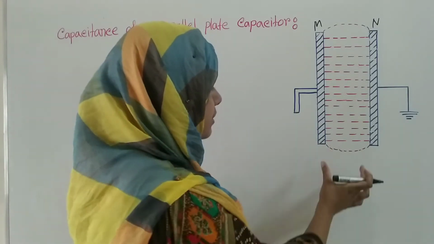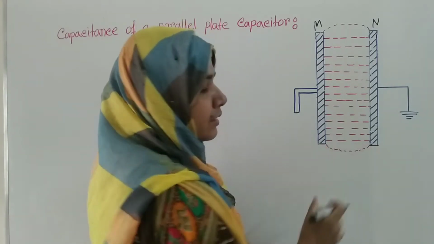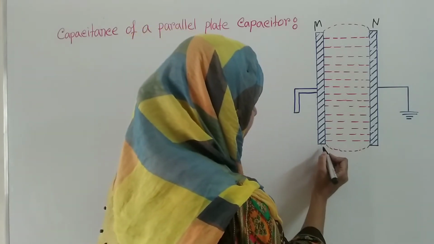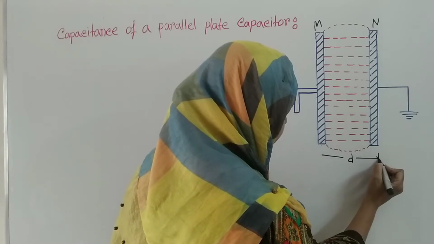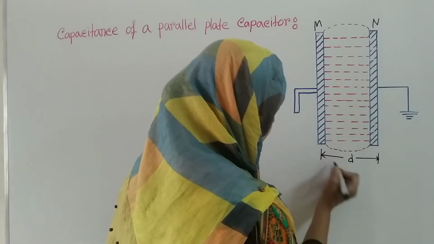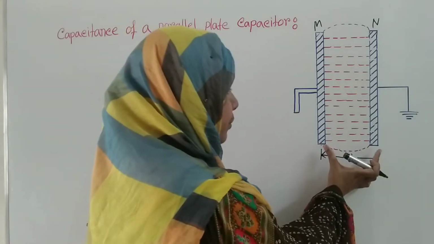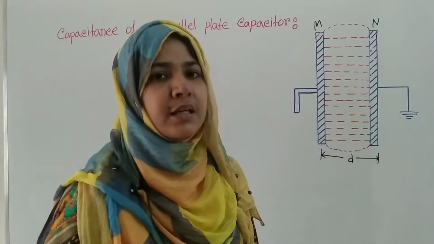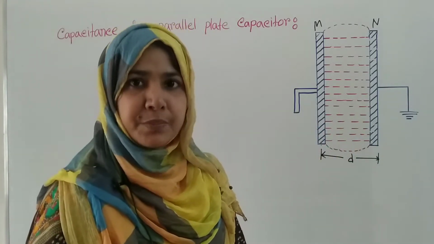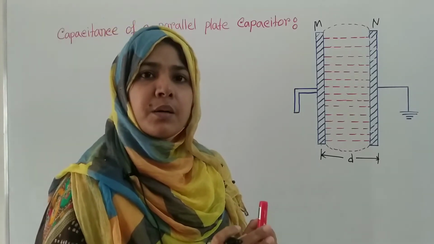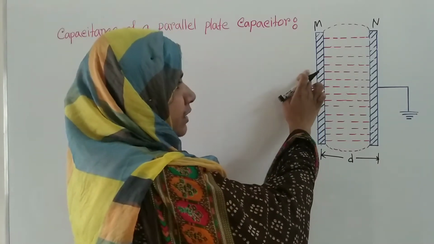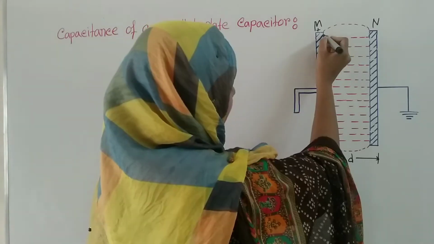Now suppose the distance between these two plates is D, and between these two plates there is air or any insulating medium. Now if we put plus q amount of charge on plate M, what will happen?